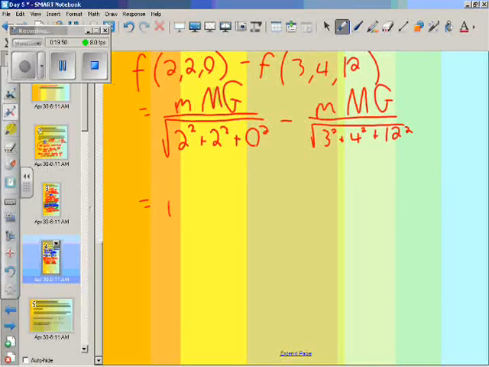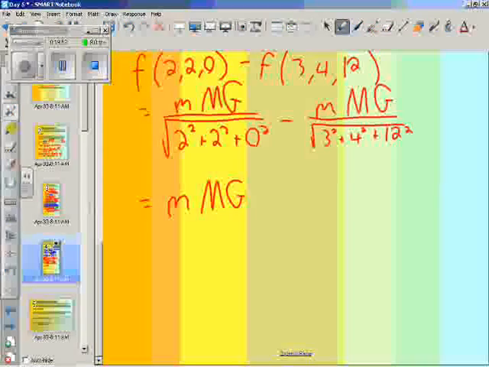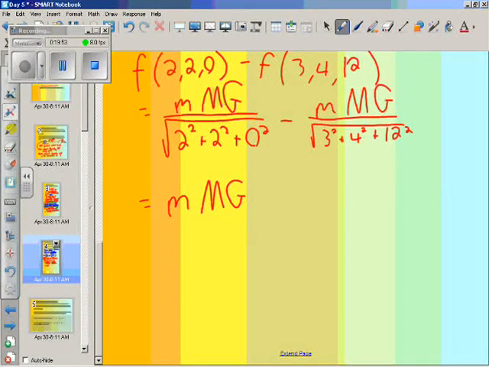And so if we factor out that mMG, we're just going to have 1 over the square root: 2 squared is 4, plus another 2 squared is 4, and so that's just going to be the square root of 8, minus 1 over the square root: 3 squared plus 4 squared is 5 squared, and 5 squared plus 12 squared is 13 squared. And so this is actually just going to end up being all over 13.